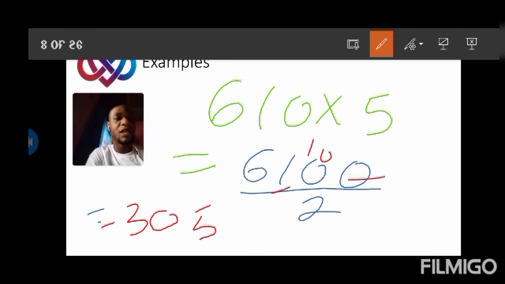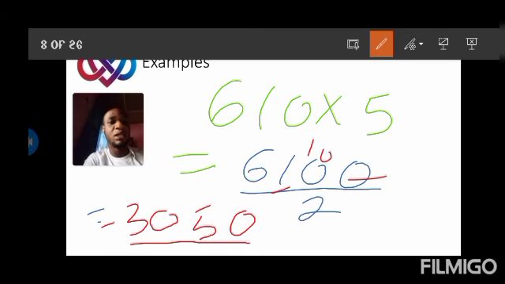So you are left with the last 0. 2 in 0 is 0. So the answer will be 3,050. I believe that you don't need to use your calculator. Use this method. It's very simple. It will save you some time and some stress.